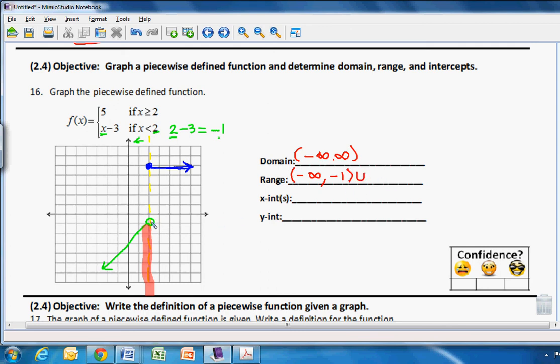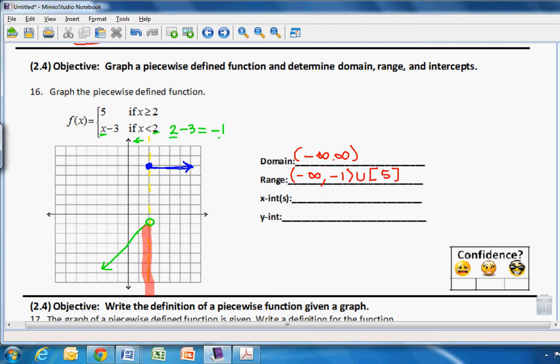All right, then I'm going to keep going up. There's nothing going on here, here, here. So at 1, 2, 3, 4, 5, range is occurring, but range is only the y value. So then again, there's nothing above it, but there definitely is something at 5. So that's going to be closed brackets. So negative infinity to negative 1, and then 5, and that is it.